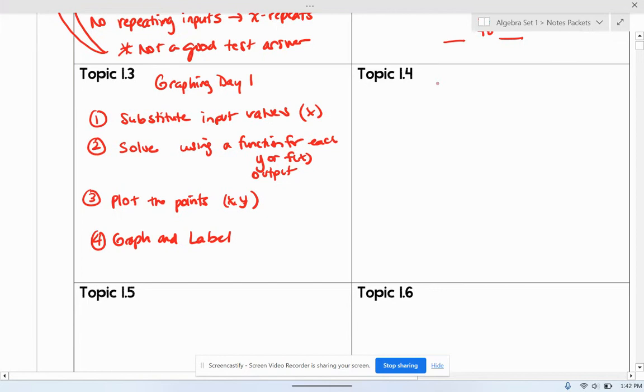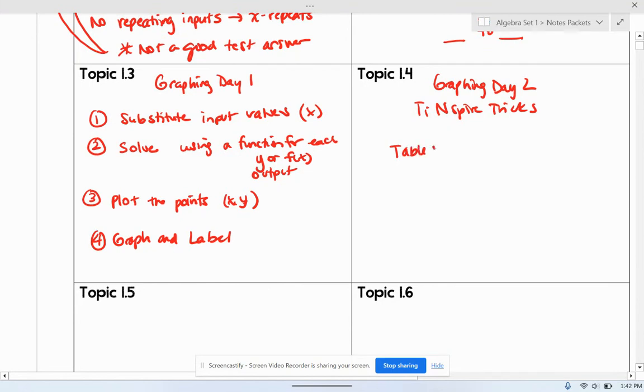All right. Topic 1.4 was graphing day 2. And when we're doing graphing day 2, we went over a lot of TI Inspire or calculator tricks. And if I were you, I'd follow along on my calculator with these.